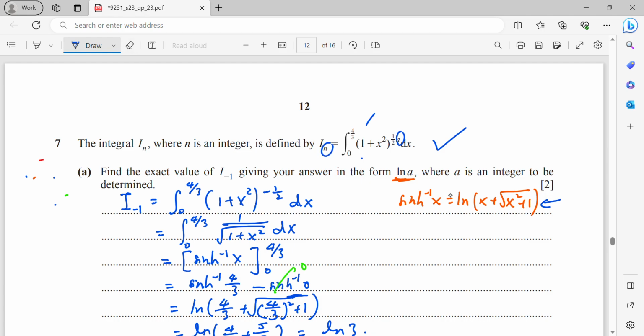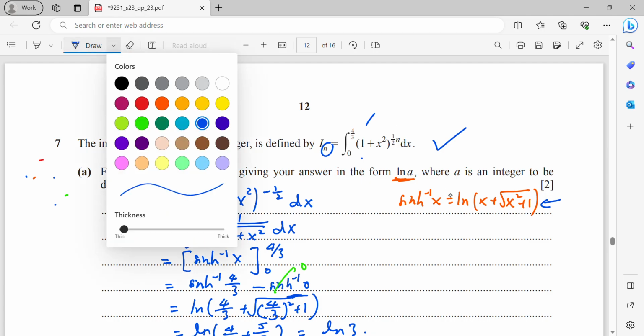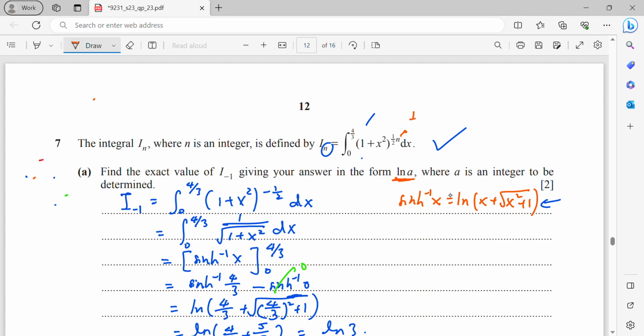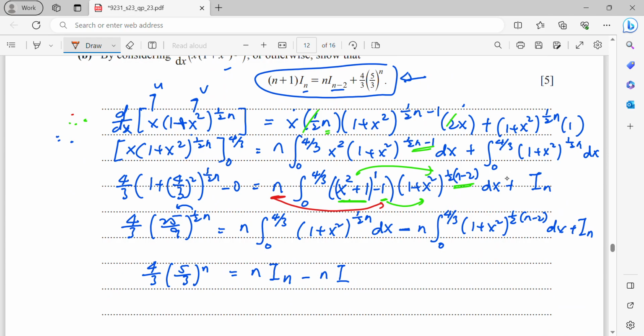Now I get power n minus 2. So now this is half of n minus 2. That means my n has been changed to n minus 2, which means this n will be changed to n minus 2 as well. So I'm getting I n minus 2, because of the power n minus 2 here.